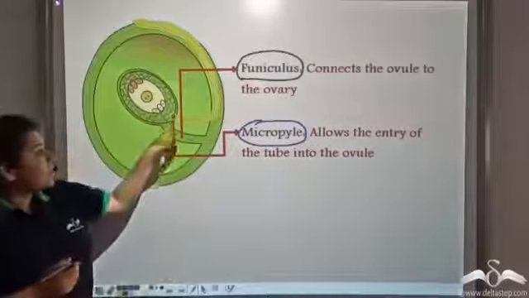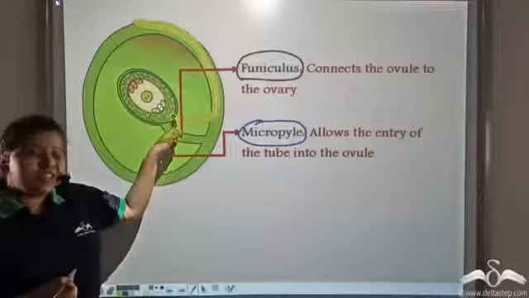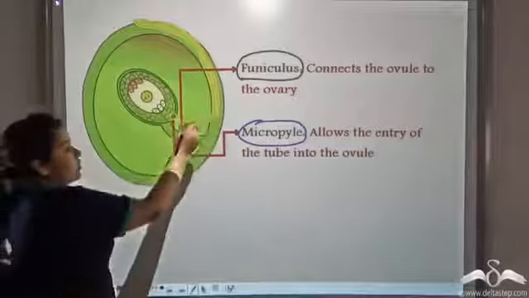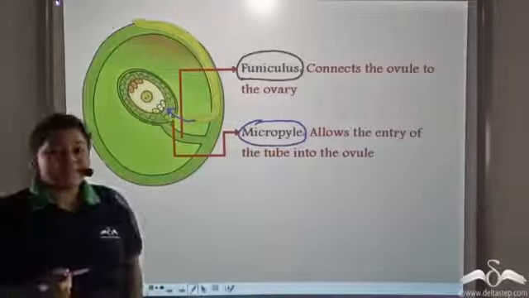So the micropyle, which is this opening, allows the entry of this pollen tube into the ovule.